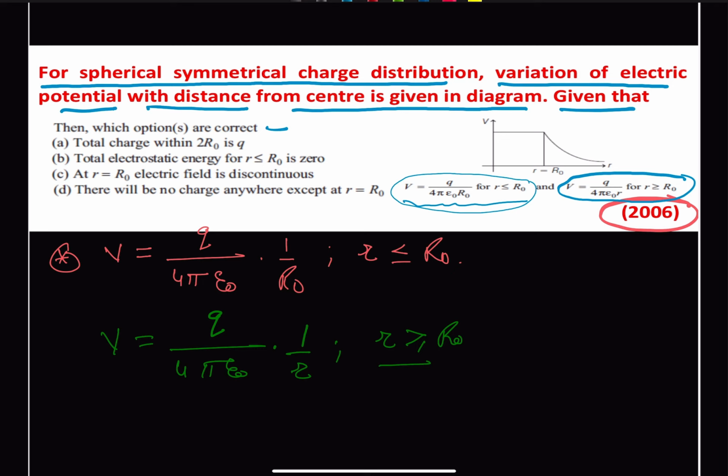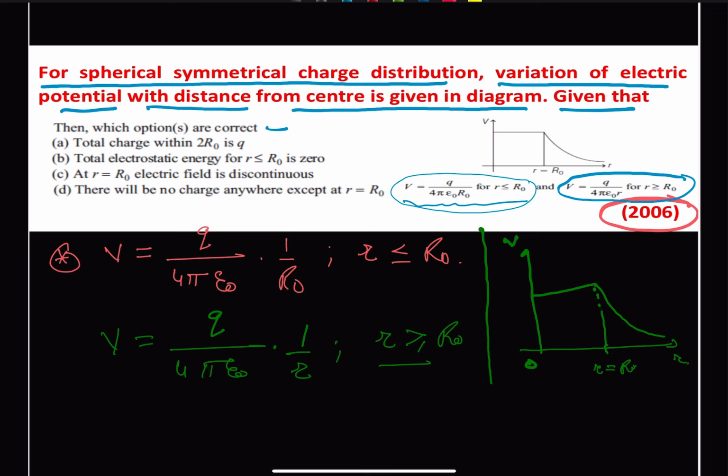And the potential is also represented graphically, and in this graph we are given that as the distance from the center goes on increasing, the y-axis represents potential. Up till the point where R is equal to R naught, the potential is constant, and after that it decreases almost exponentially.